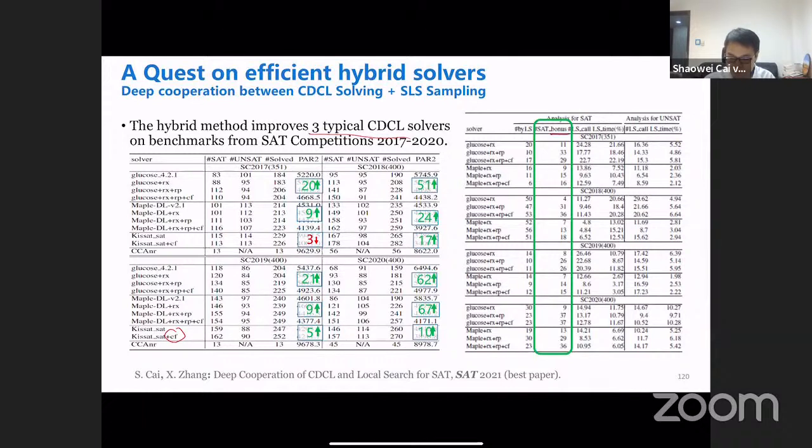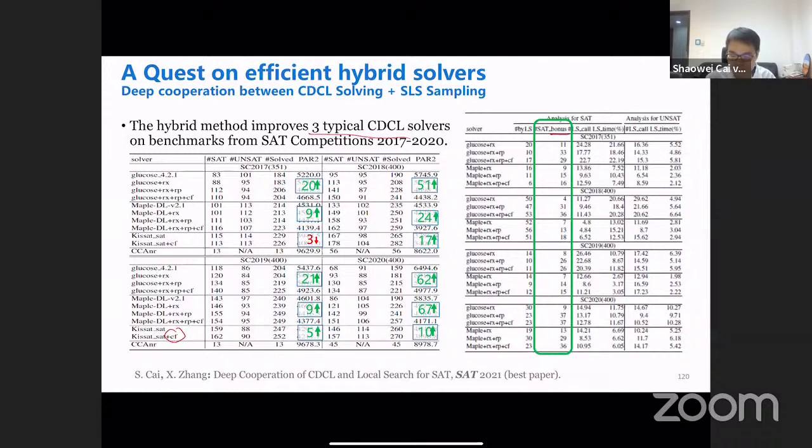Here, the bonus means that for these formulas, either the original CDCL or the original local search cannot solve such formulas, but they can be solved after combining the two types of solvers together.